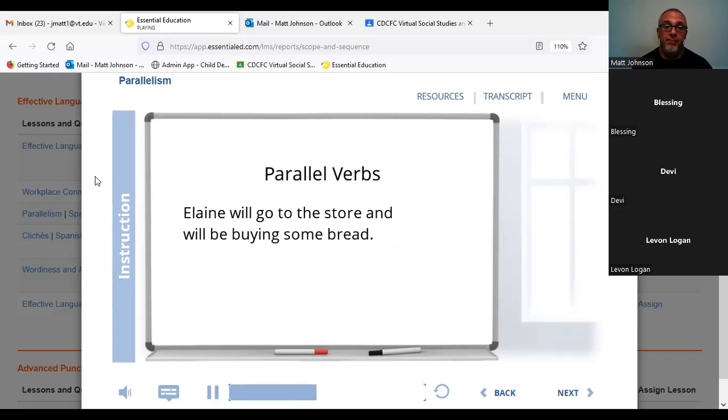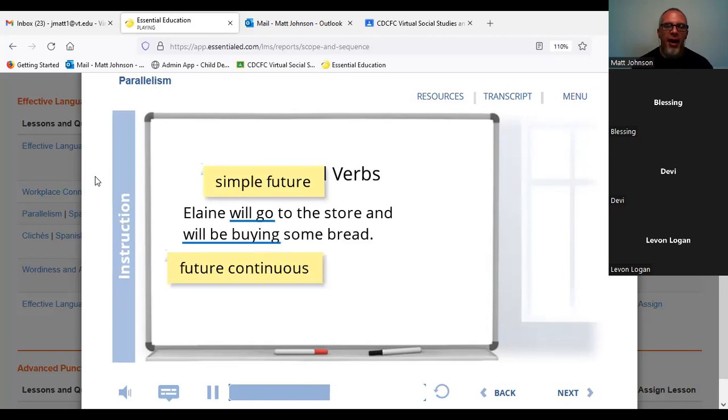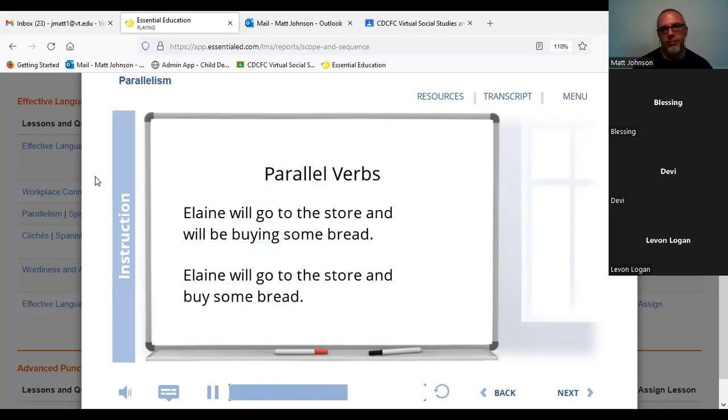This sentence has a verb in the simple future tense, will go, and a verb in the future continuous tense, will be buying. It would be better to have both verbs in the future tense, and because both verbs have the word will, you can leave that word off of the second verb. Elaine will go to the store and buy some bread.